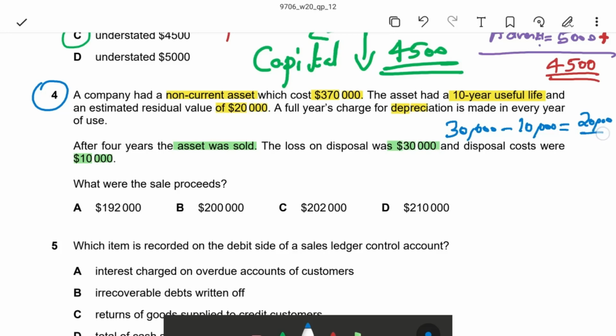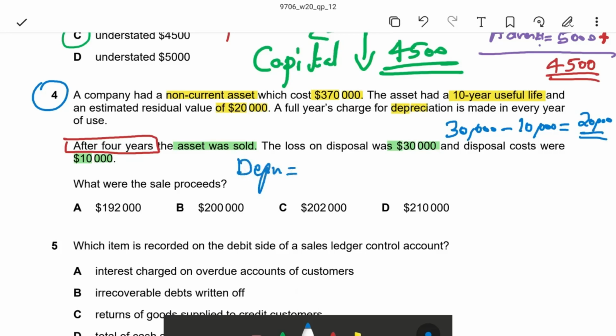So what does the question ask? The question is asking for the sales proceeds, or selling price. Selling price is equal to net book value minus loss. First we have to calculate the depreciation for 4 years, since they sold the asset after 4 years.